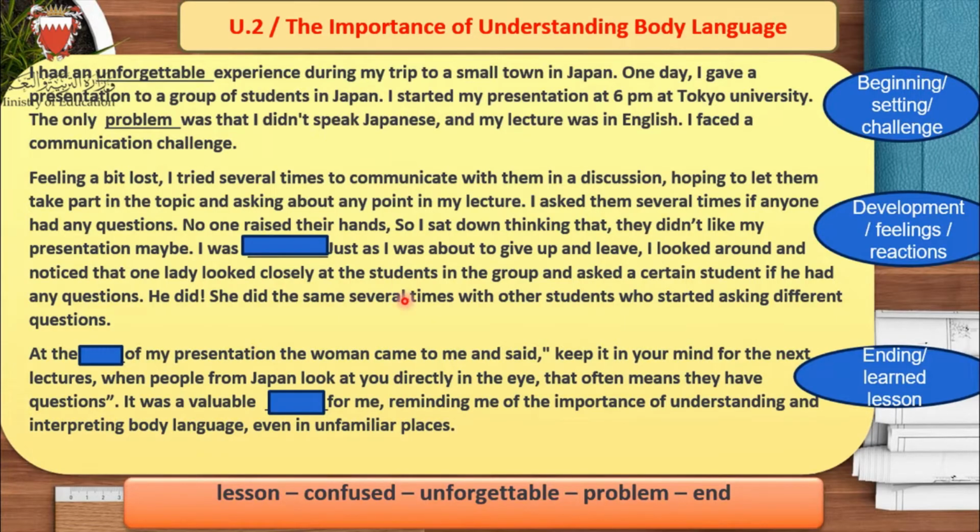Then I go deeper into the incidents of my story, the development. Here, feeling a bit lost, so I felt perplexed or confused. I tried several times to communicate with them in a discussion, hoping to let them take part in the topic and asking about the points in my lecture.